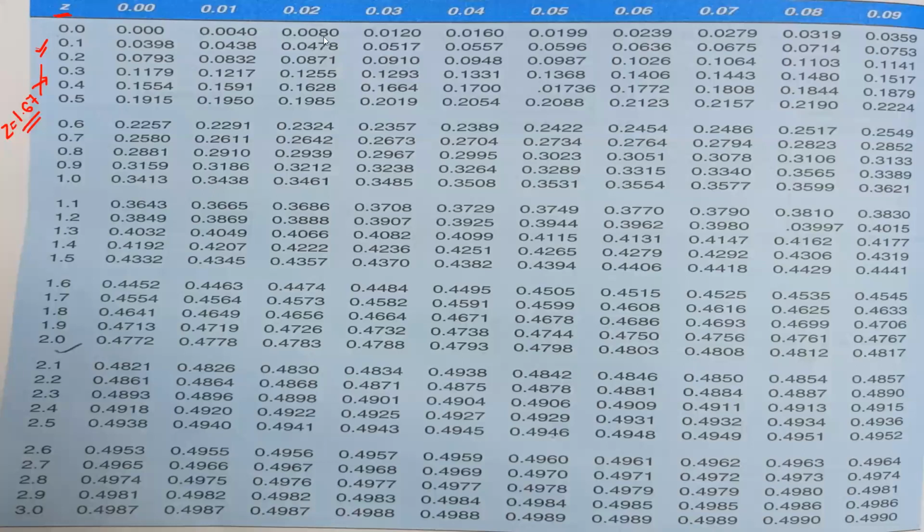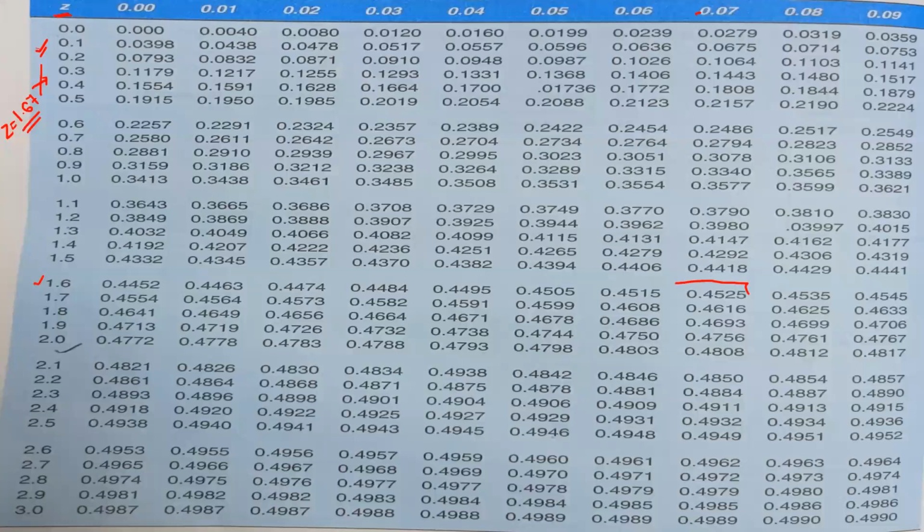Here we have 1.6 on one side, and on the other side we find 0.07, so we go to that row. This is the value for 1.67, that is 0.4525. On the basis of that, we have to solve the question.